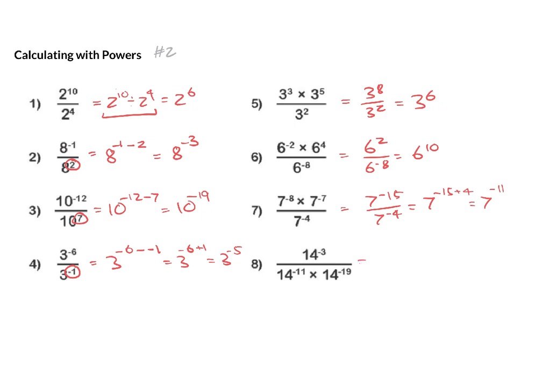The final one, the top I leave alone, so it's 14 to the negative 3, over, I've got 14 to the negative 11 plus negative 19, so that's negative 11 minus 19, so that's minus 30.